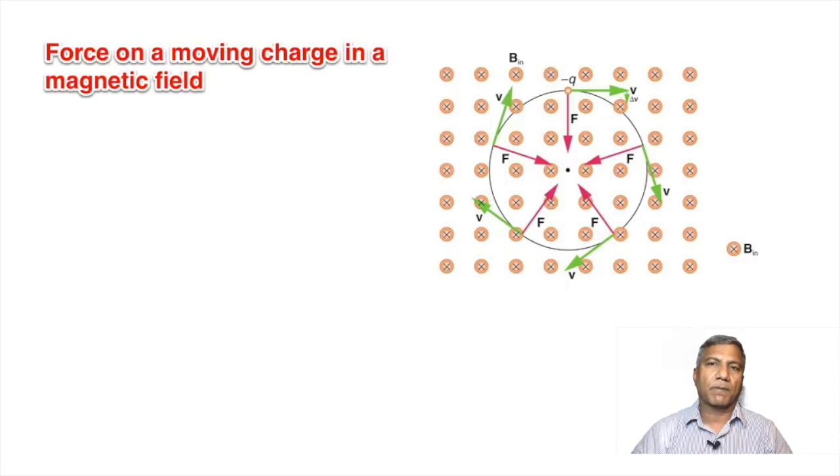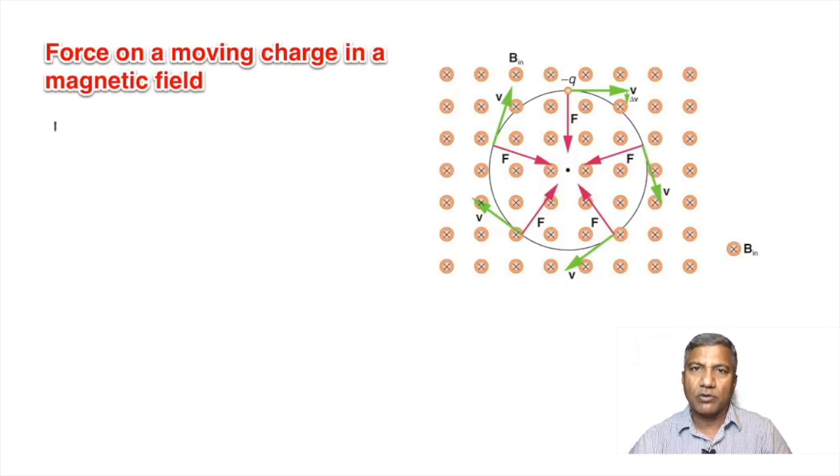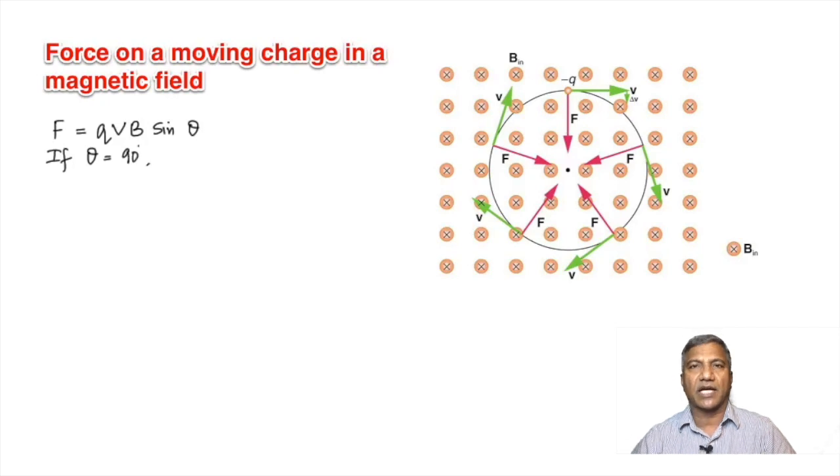circular path. And we can find the radius of that path by remembering that when anything moves in a circular path, there is a centripetal force acting on it. And the centripetal force is given by mv squared by r. So now we can put those formulas together. We already know F is qvB sine theta.